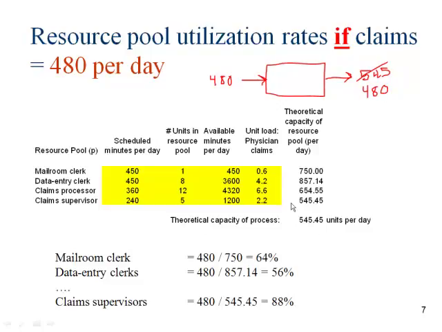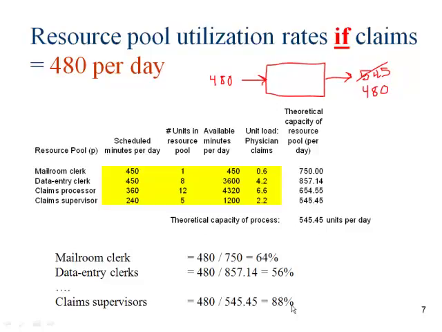All right? So looking at this, if we have our theoretical capacities for the resource pools and we got 480 coming in per day, we can start to calculate what the utilization levels are going to be for the different resource pools. And not surprisingly, the claims supervisor's resource pool is the most highly utilized. So what? This is where we go back and pull in our queuing lecture material.